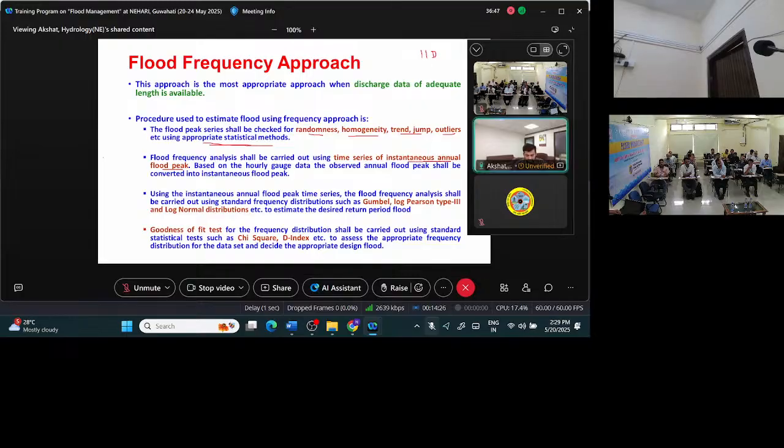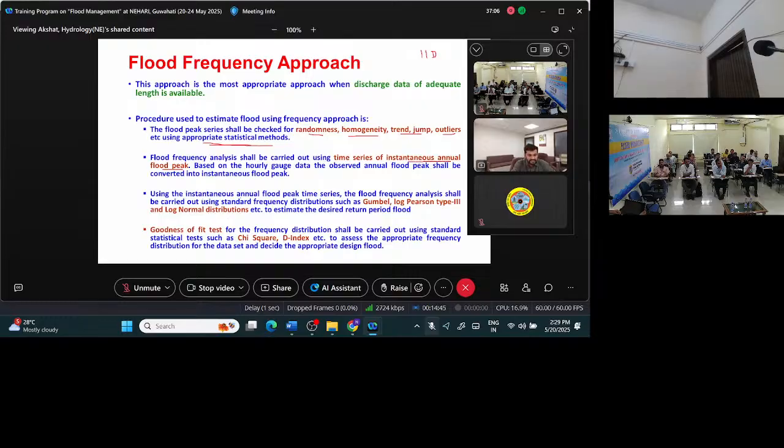However, we take gauge data on an hourly basis. In CWC, we have gauge data on an hourly basis during the monsoon season. Based on this hourly gauge data, the observed annual flood peak will be converted into instantaneous flood peak.